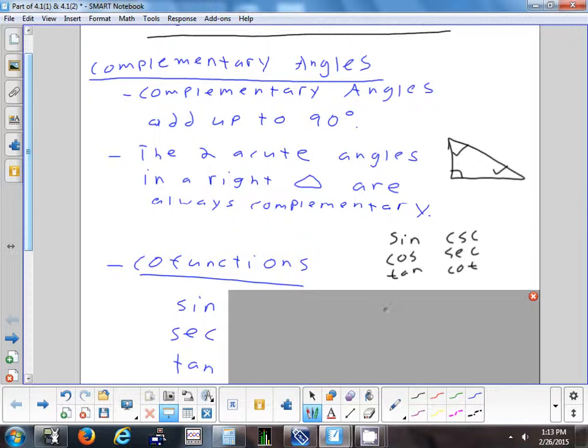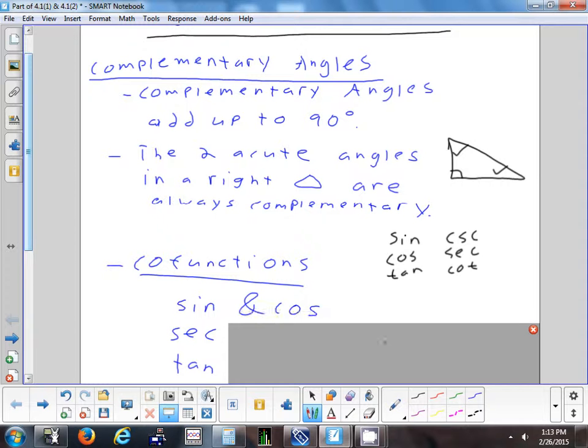If you read all 6 of these trig functions, 3 of them have the word co in front of them. And to find the cofunction, if you're given a trig function, just put the word co in front of it. We have the trig function sine. What do you think the cofunction of sine is? Cosine. So you have sine, put the word co in front of it, cosine. These are called cofunctions. It's a pair.